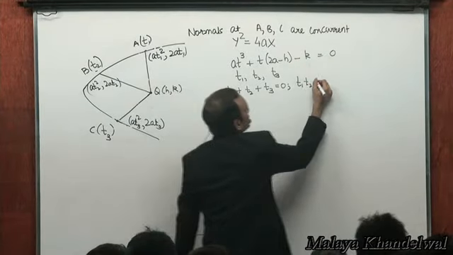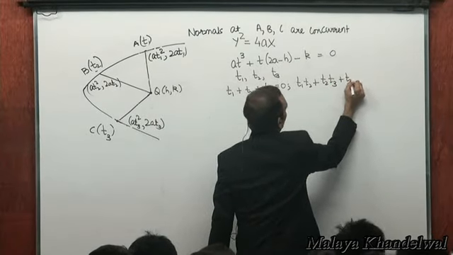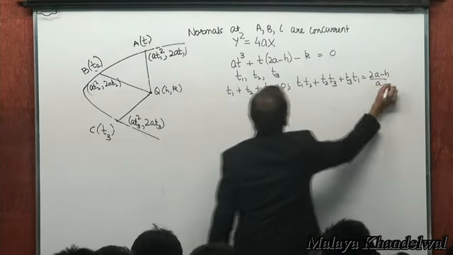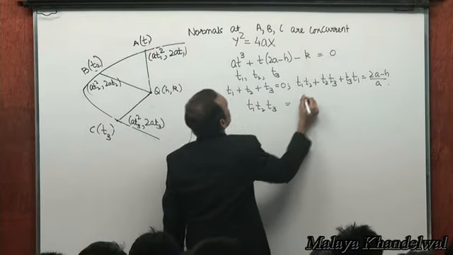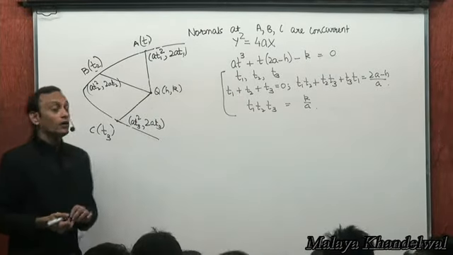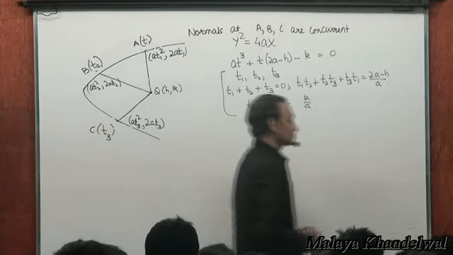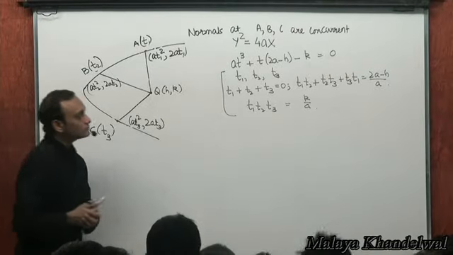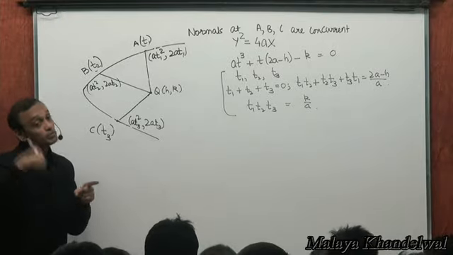The sum of the products taken 2 at a time is (2a minus h) by a, and the product of the roots turns out to be k by a, right? Yes or no? Now, minus 1 cubed into the constant term by a.